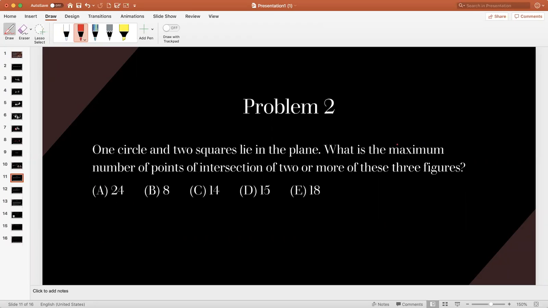Onto problem 2. One circle and 2 squares lie in a plane. What is the maximum number of intersections of 2 or more of these 3 figures?